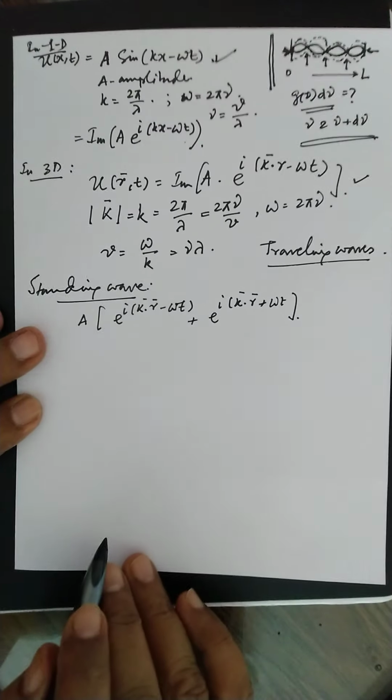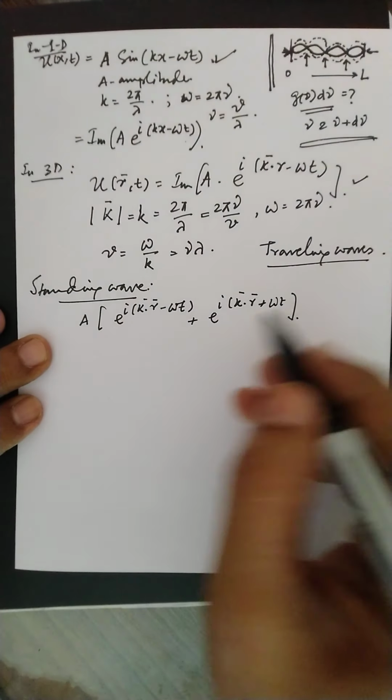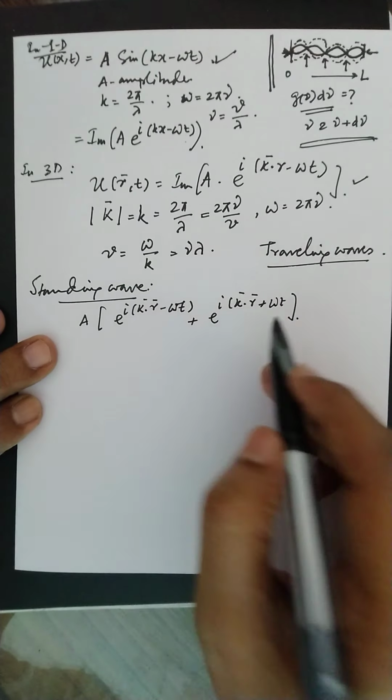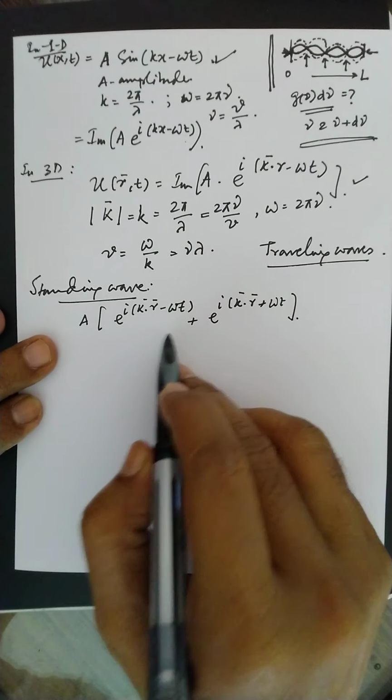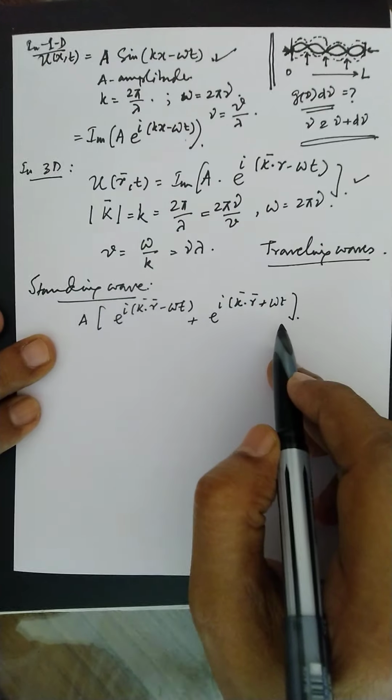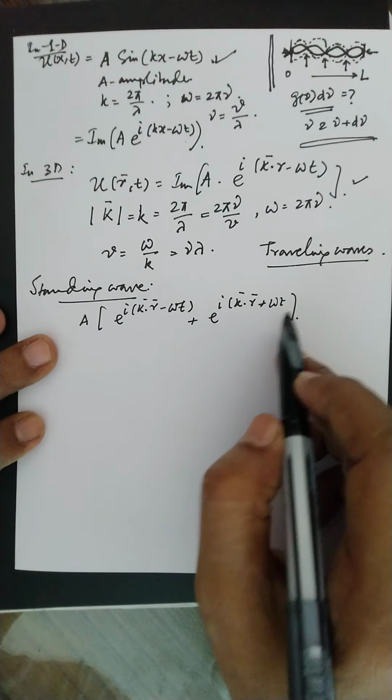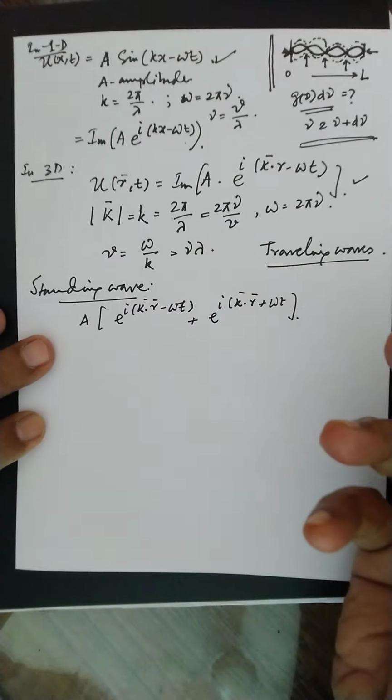Suppose it is one dimensional, then it will be kx, and that will lead to e to the power ikx and twice cos omega t, because e to the power minus i theta plus e to the power i theta, where theta is omega t, leads to cos omega t.